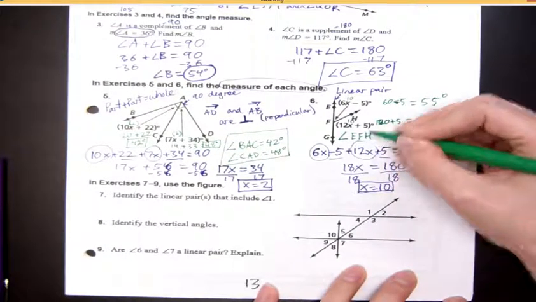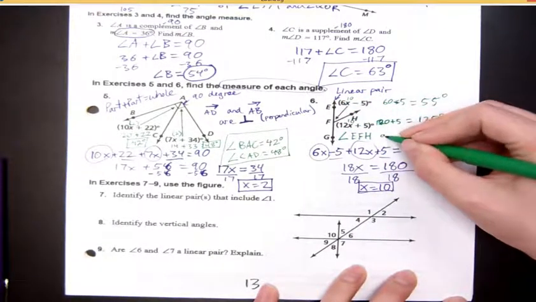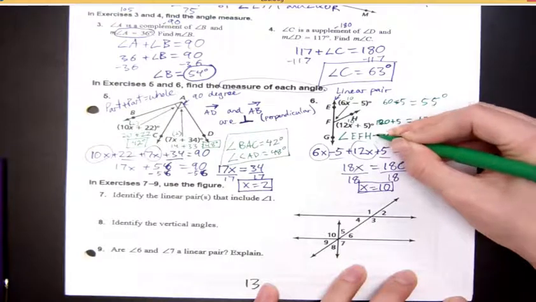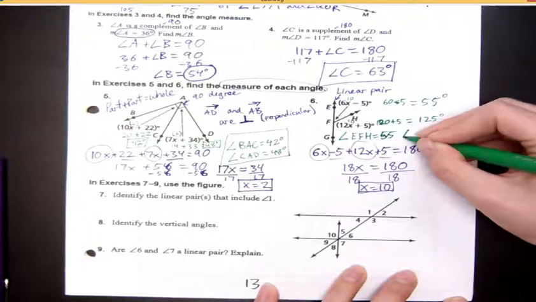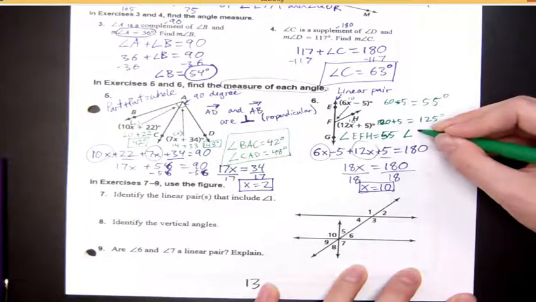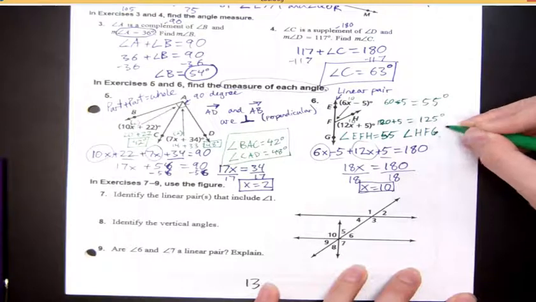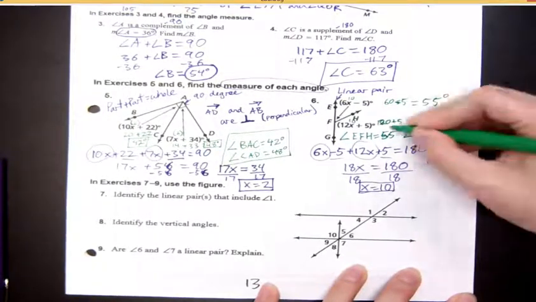EFG is a linear, a straight angle. So that equals 55 degrees. And what's my second angle called? GFH or HFG, either way works. Equals 125.